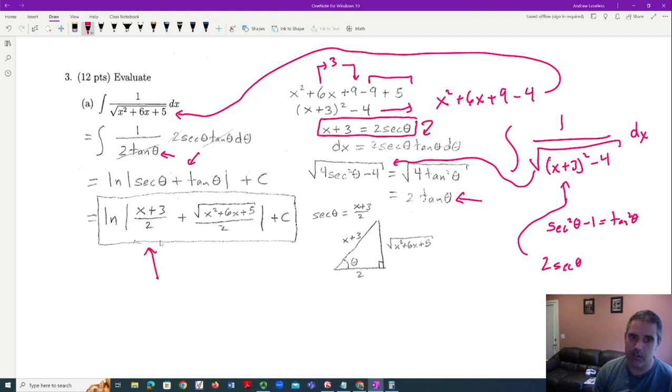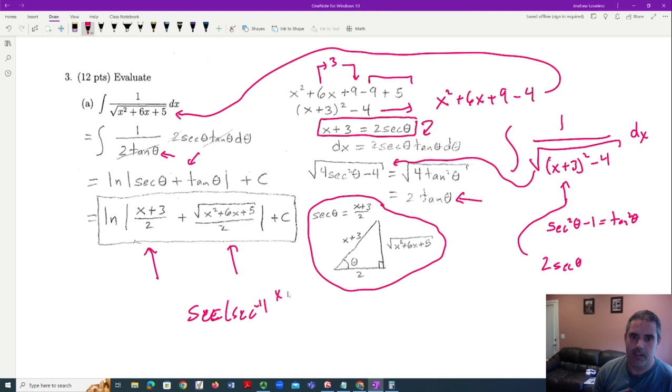Then once again, you're going to lose chunks of points if you did not do the triangle. That was very clear in my instructions and in class. I want to see that skill. So if you wrote, it's really bad to write this, secant of secant inverse. That ignores the fact that you already had the answer.